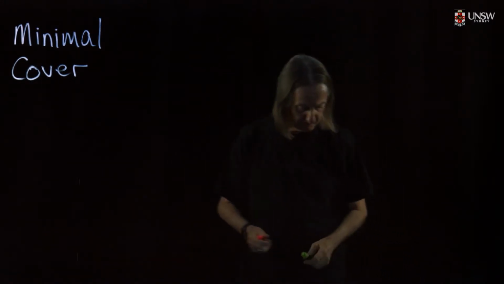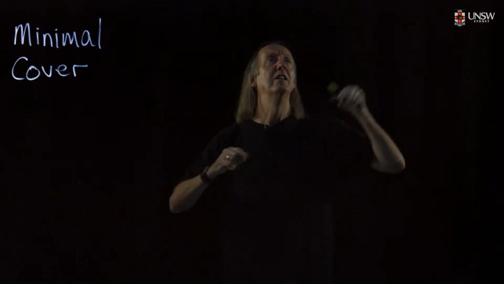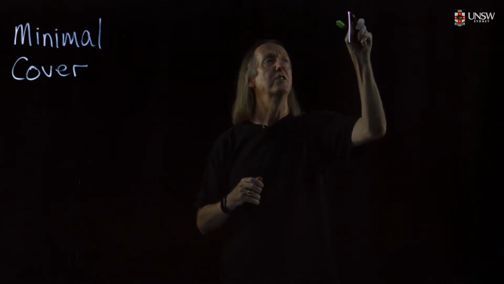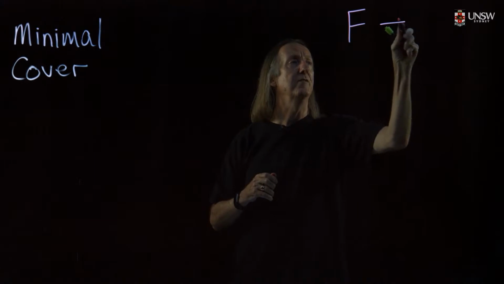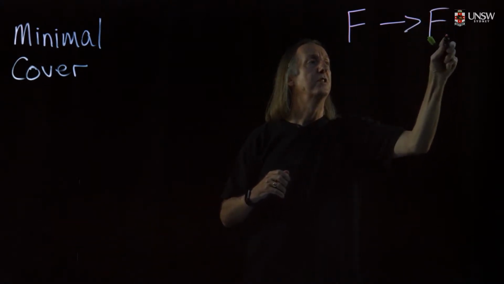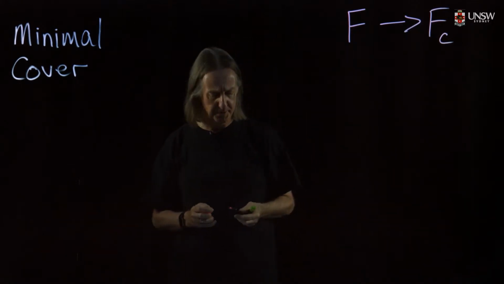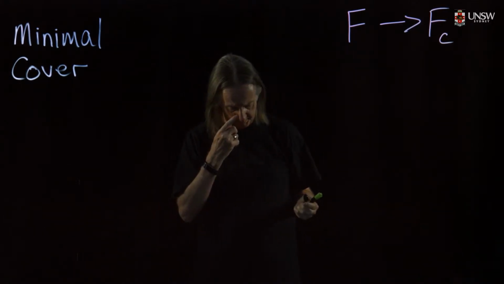The standard algorithm produces a canonical cover, or a minimal cover, from a set F. What we're trying to do is take a set F and turn it into an equivalent version that is in some sense smaller, the smallest possible thing we can come up with.